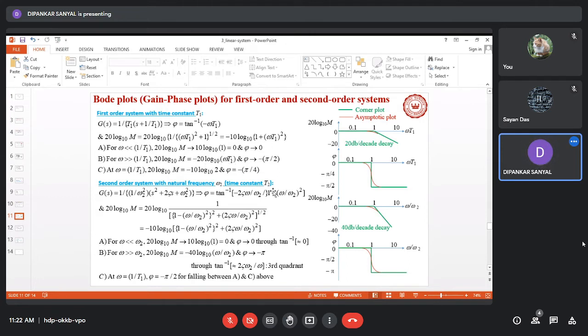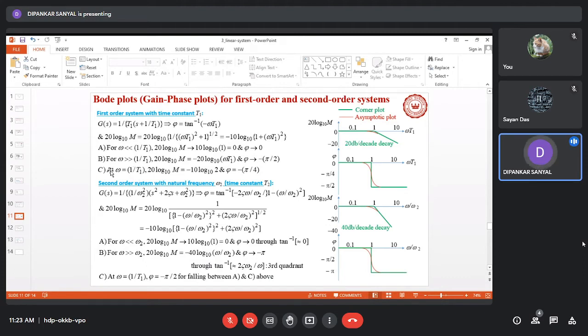The phi limit would go to minus pi by 2, because for very large omega we have a tan inverse infinity kind of situation. That's why we are getting this minus pi by 2.